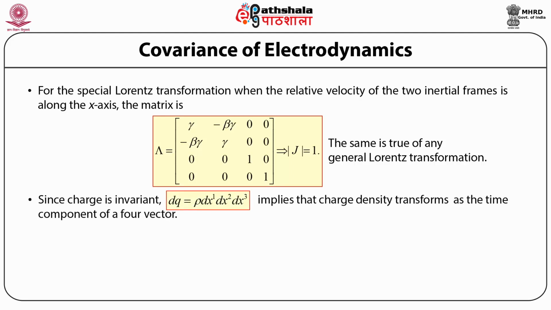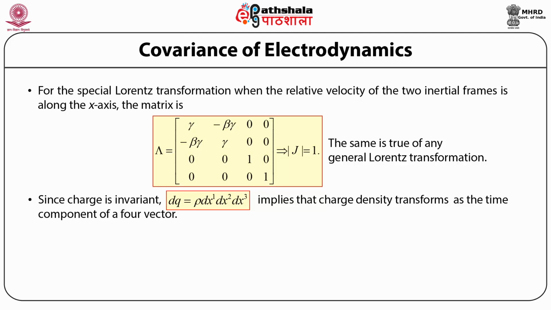Now since we already know that charge is invariant under any kind of transformation from one frame of reference to the other, we can write the charge in terms of the charge density as dq equal to rho times dx^1 dx^2 dx^3.